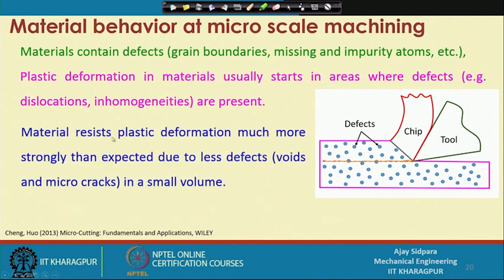Right. The material resists plastic deformation much more strongly than expected due to fewer defects. Now, consider the normal machining operation, that means macro machining or conventional machining, where your depth of cut is much larger than the uncut chip thickness.